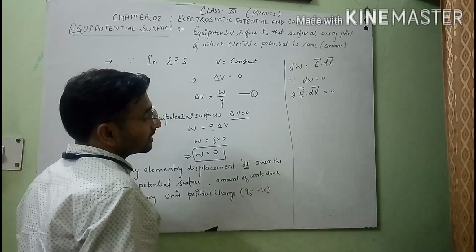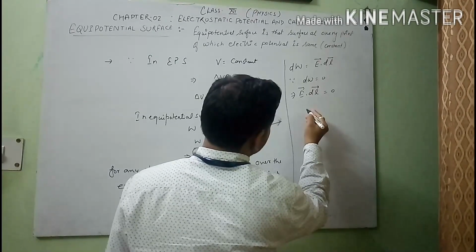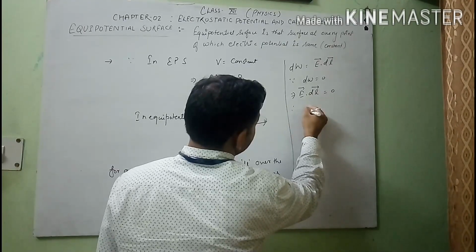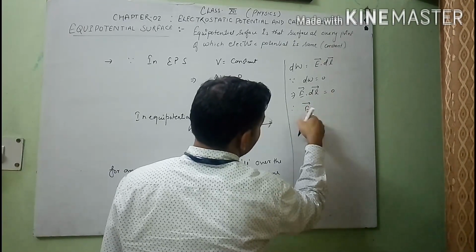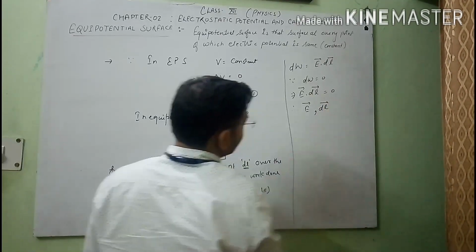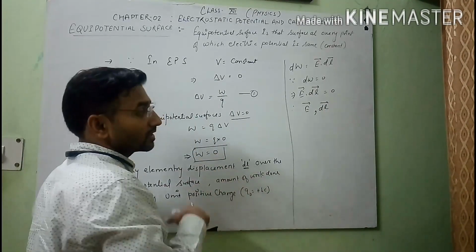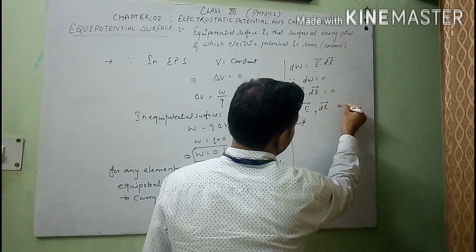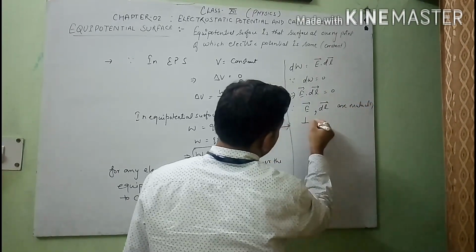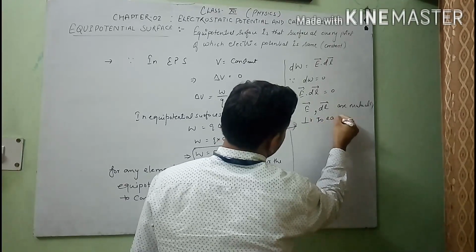This relation provides us a second important point, which implies that the vector E, meaning the electric field, and dl, meaning the elementary displacement over the equipotential surface, are mutually perpendicular to each other.